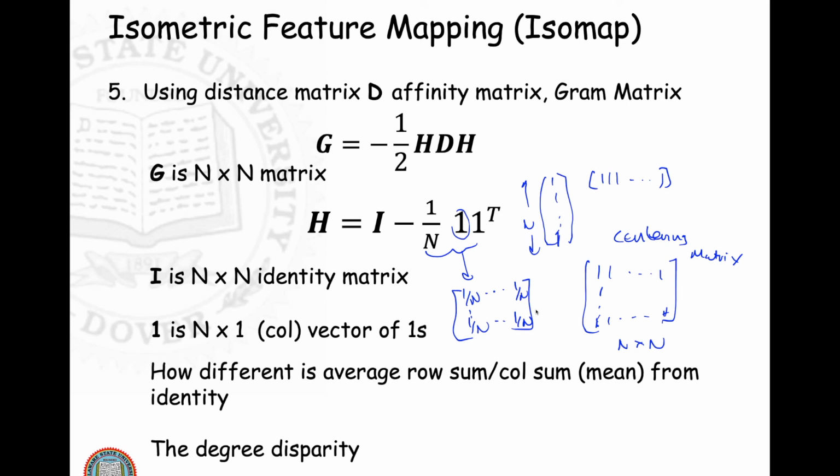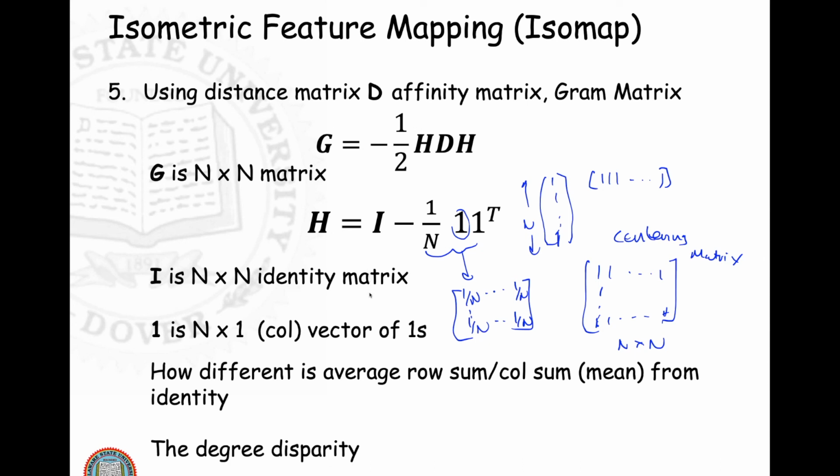And so here we have our centering matrix, and we're going to subtract this 1 over n, 1 1 transpose from identity. So what we're saying is the difference from the mean from identity.